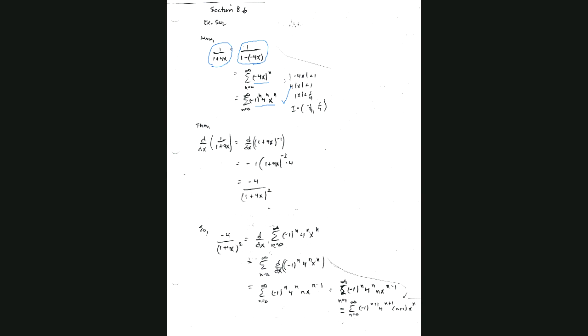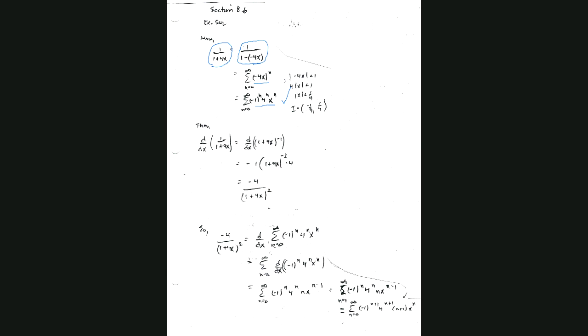Because the derivative of 1 plus 4x to the negative first power, by the chain rule, is negative 1 times 1 plus 4x to the negative second times 4.